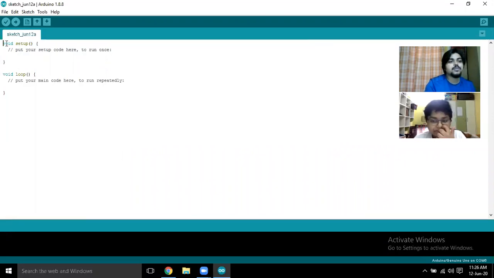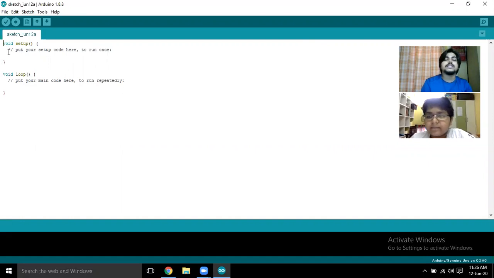You can see that two functions are present over here: void setup and void loop. The rule to write code for Arduino is we mention the pin configurations and those pin details. Pin means these holes, the holes where we are connecting a particular device.